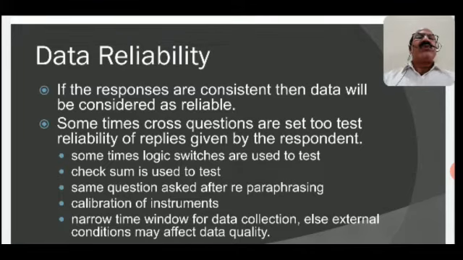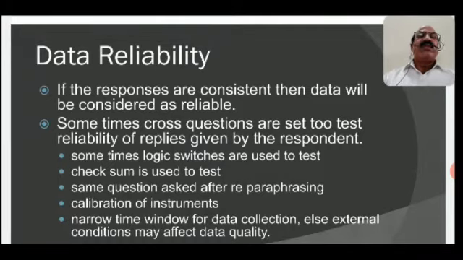Sometimes logic switches are used to test. If you ask the age of the kid and he says 5, and then in which class he is, and he says 2, then there is some mismatch. Then a checksum is used to test.